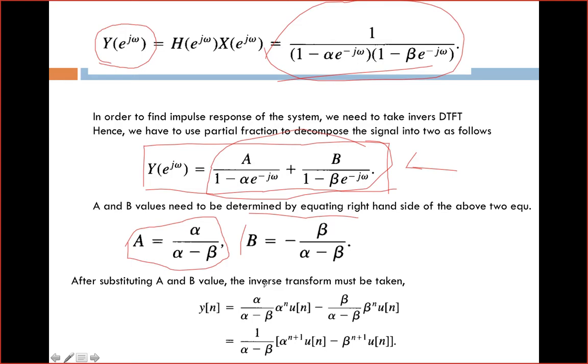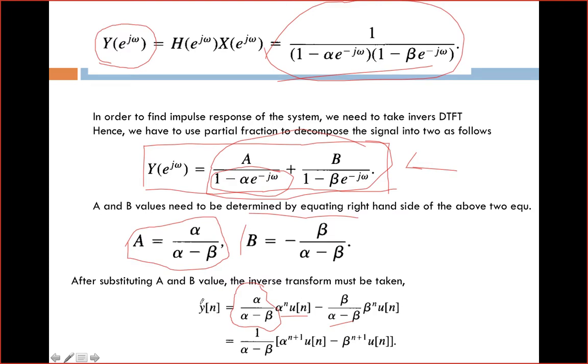After substituting and taking inverse transform, I will get y of n is equal to alpha divided by alpha minus beta into the inverse transform of 1 by 1 minus alpha e power minus j omega, which is alpha power n into u of n, and minus beta divided by alpha minus beta, beta power n into u of n.